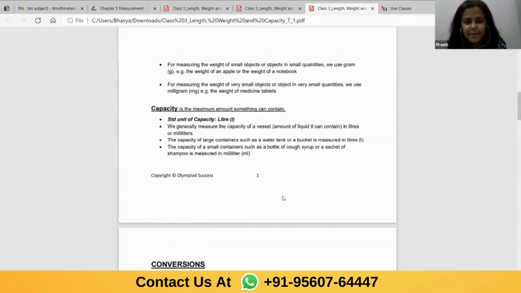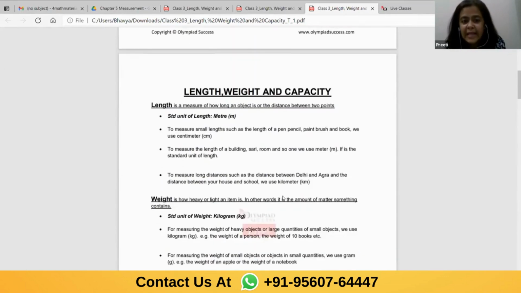Okay. Length is a measure of how long an object is or the distance between 2 points. Wait, let us go turn by turn.